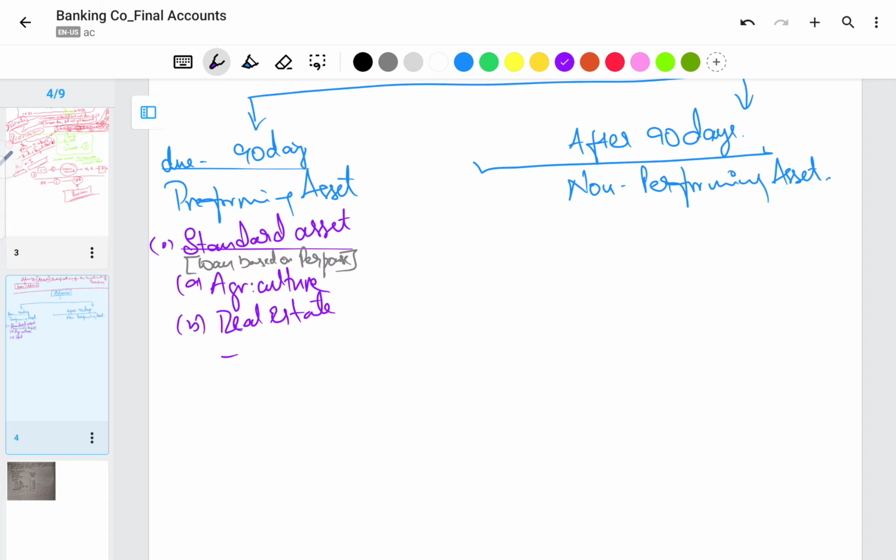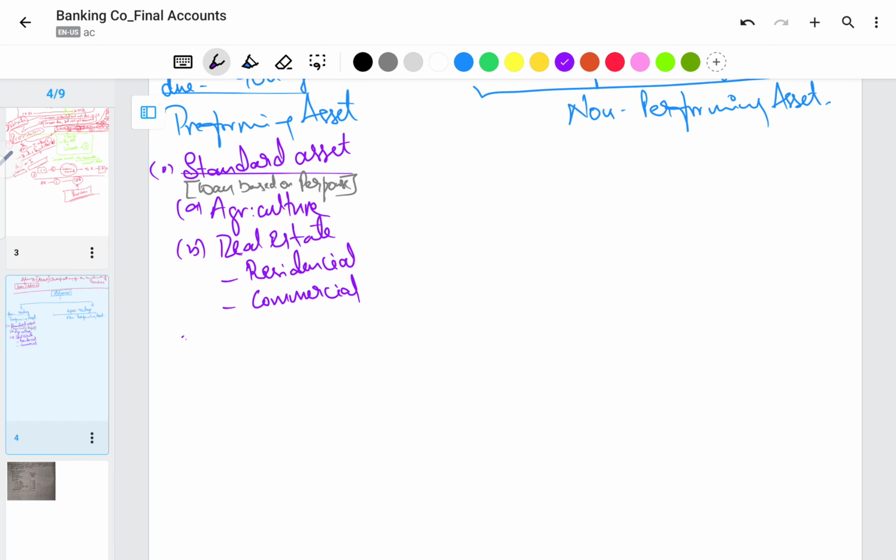Under real estate, there are two categories: one is residential purpose, or commercial. Then the third category is restructured. Fourth category, others.